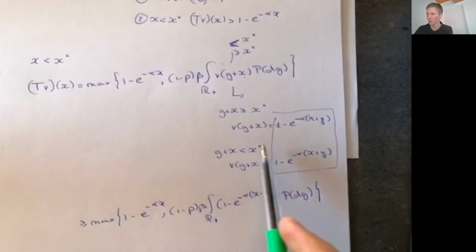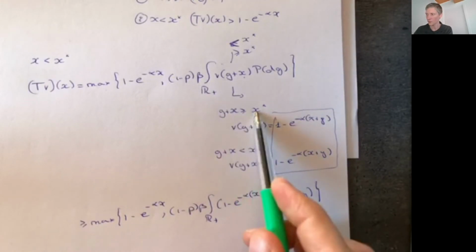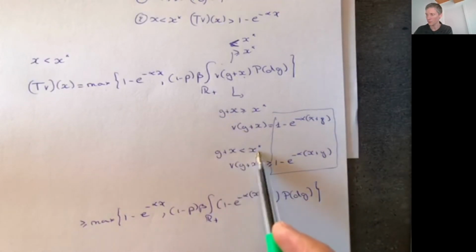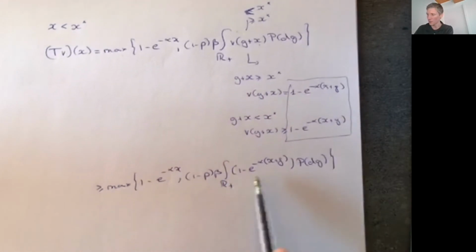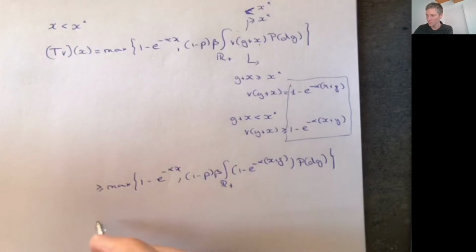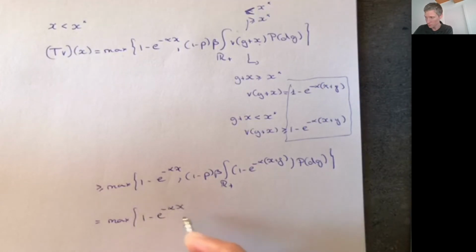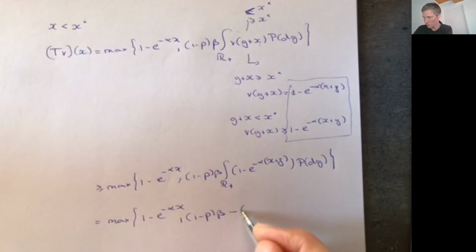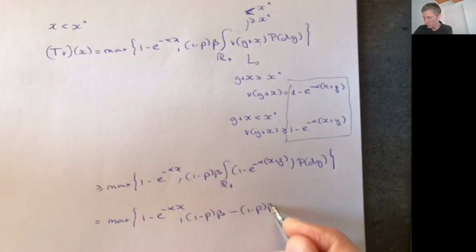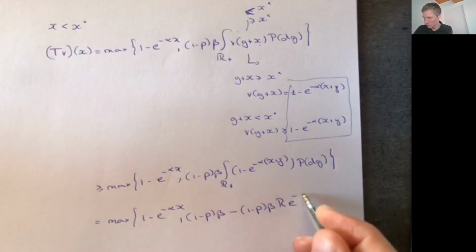Okay, because either g plus x is bigger and then it's equal, or g plus x is smaller than x star and then it's greater or equal. Okay, and then I can do the same derivation again as I did before. So the second part is 1 minus p beta minus 1 minus p beta times r times e to the minus alpha x.